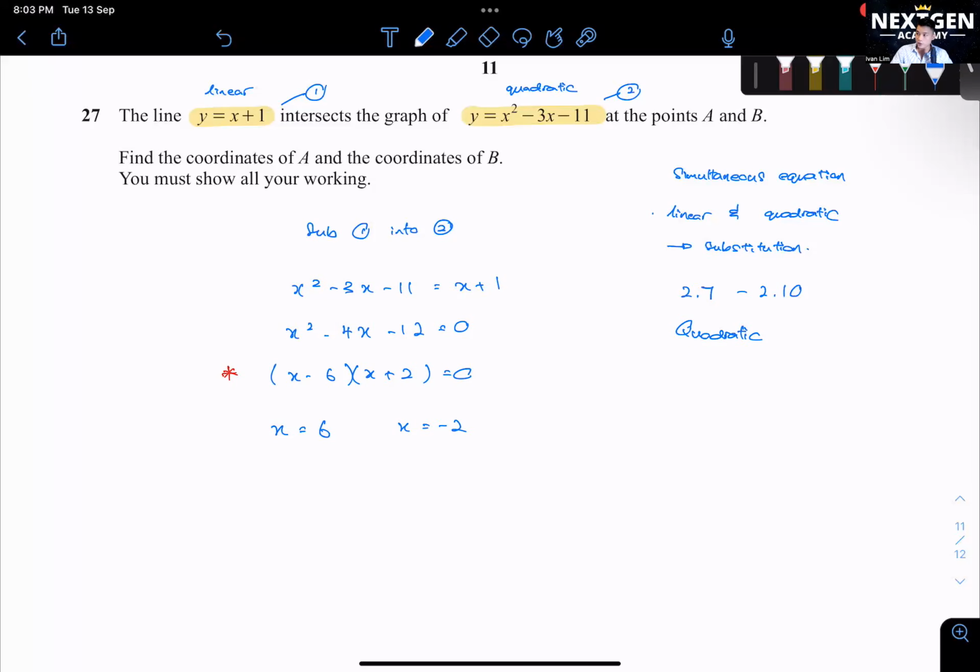I got these values already, so I just need to sub the x values into, let's say, equation 1. So y equals 6 plus 1, y equals negative 2 plus 1. This will be y equals 7 and y equals negative 1.